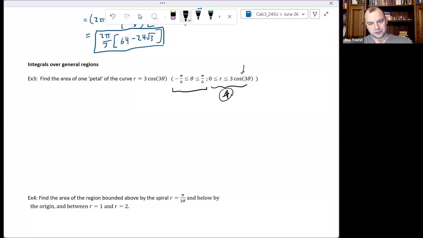What does this curve look like? It's one of these kinds of curves. And in particular, this is one tracing of this petal or this leaf here.